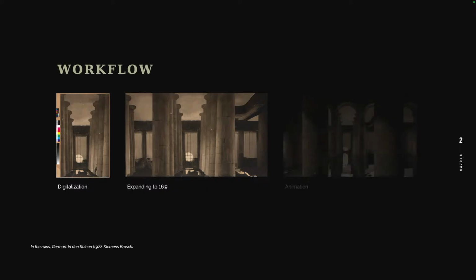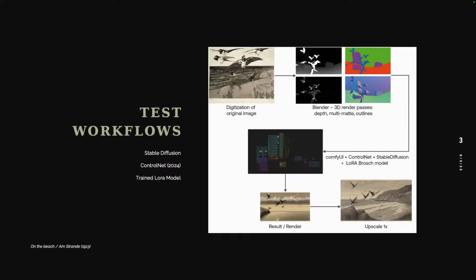One involved ComfyUI with projection mapping in Blender, generating 3D render passes and feeding them into Stable Diffusion. Another workflow tested a LoRA model trained on Brosch's style to apply his painterly characteristics to the AI animations. These experiments helped us understand how the AI reacts to Brosch's paintings. However, the results didn't satisfy us.